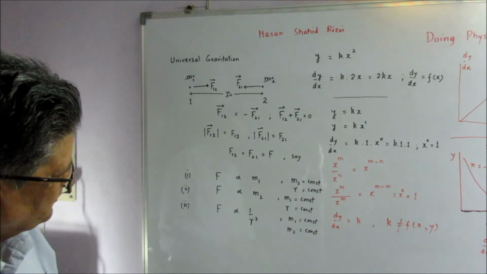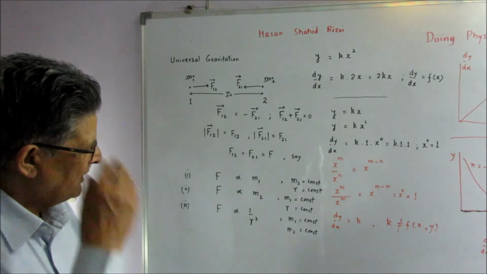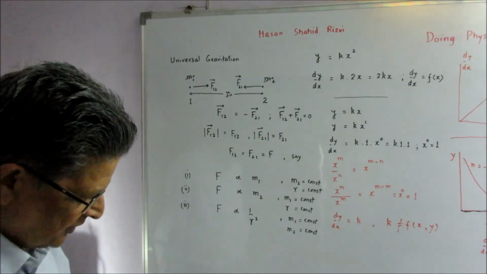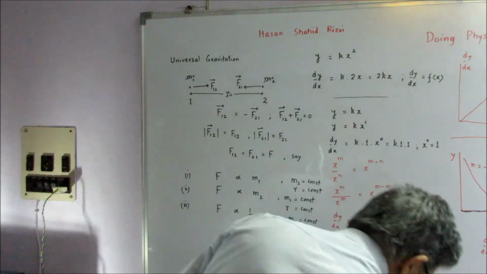Now, why is it that F is proportional to 1 upon R square? This I will just explain to you.